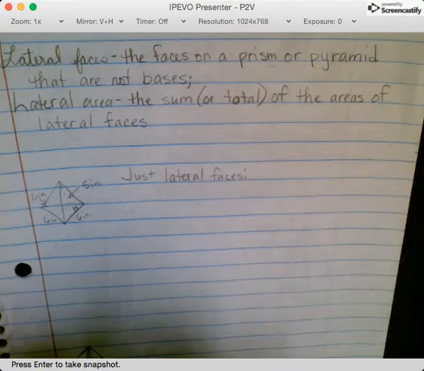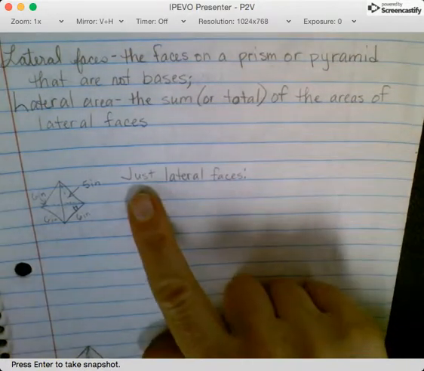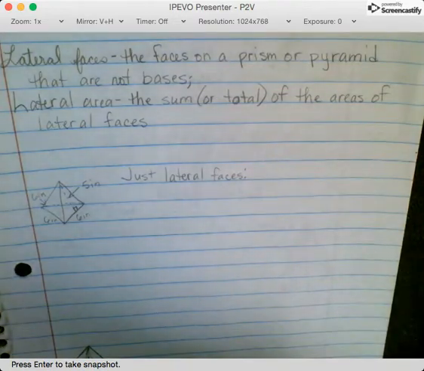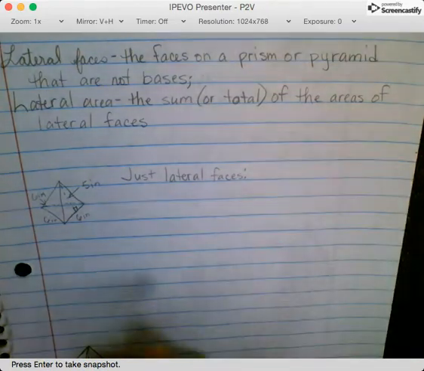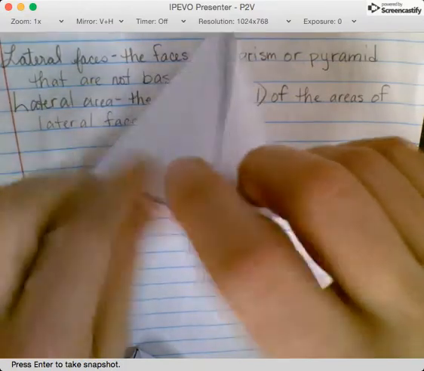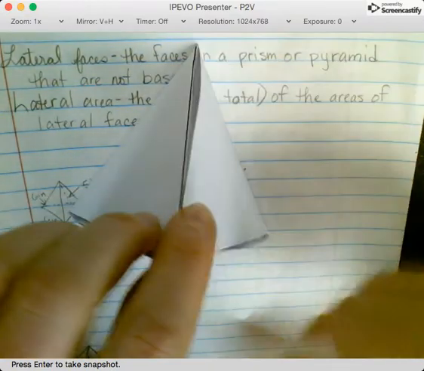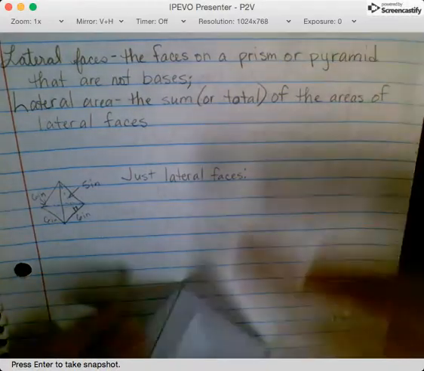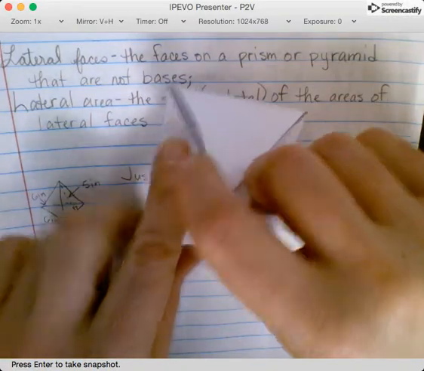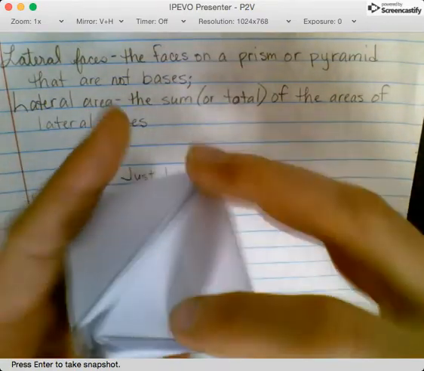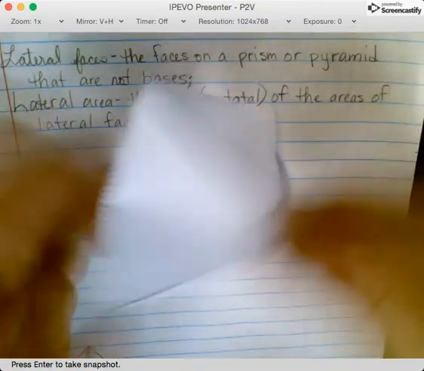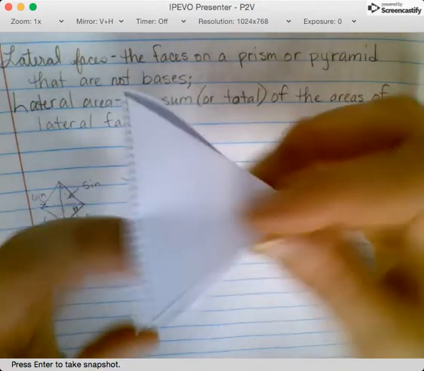The lateral area is what we're going to find in the first example, and that would be the sum or total of the areas of the lateral faces. So that means that if I added up the areas of these top ones that it's not sitting on, that are not bases, so all of these 4 triangles here on the square pyramid without the square, that would be a lateral area.